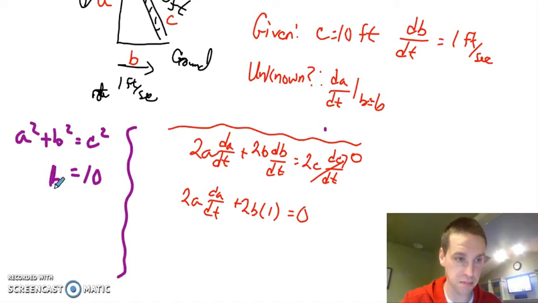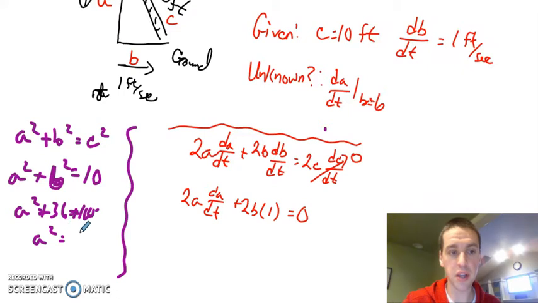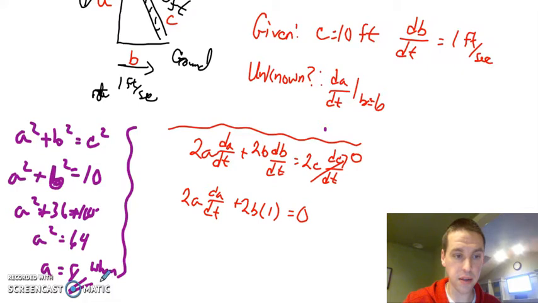So b is 6, and square that, and that's a squared. I need to find that out. Well, it's a squared equals 36 plus here equals 100. And I know a squared equals then 64, and so a equals 8. I know that a equals 8 when b equals 6.